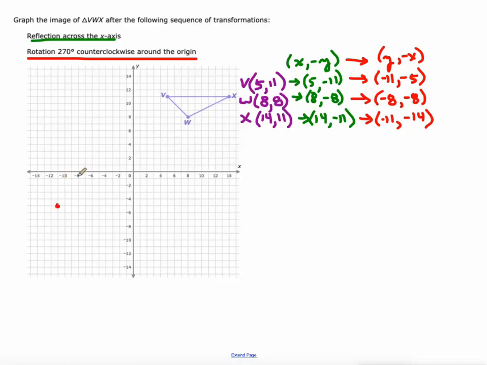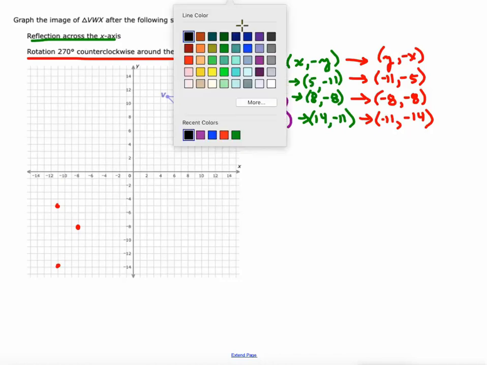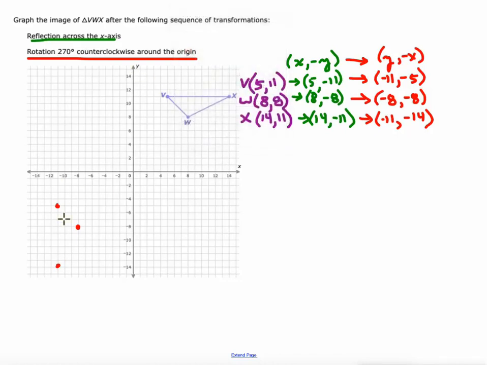Then -8, -8. And -11, -14. And this is what our shape would look like after a reflection across the x-axis and then a 270 degree counterclockwise rotation. So if we flipped it over here and then rotated it 270 degrees.